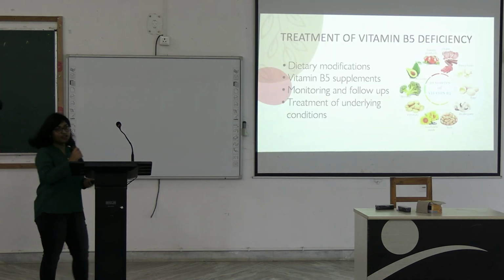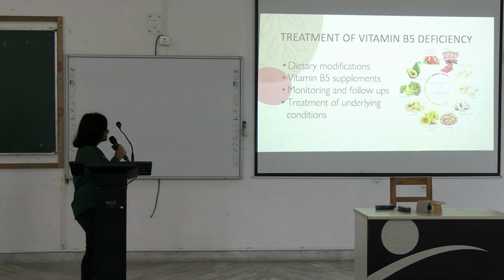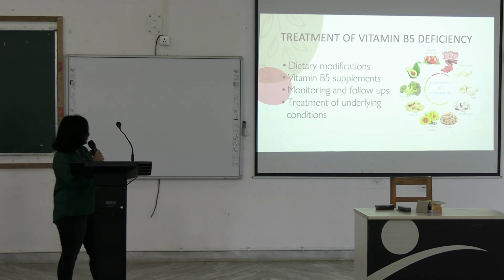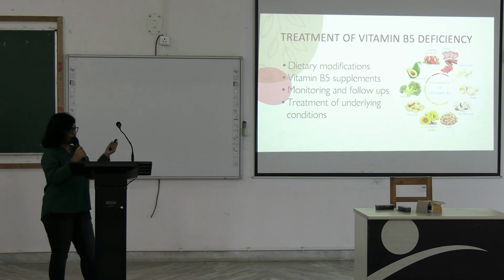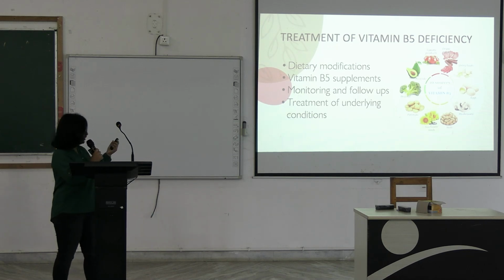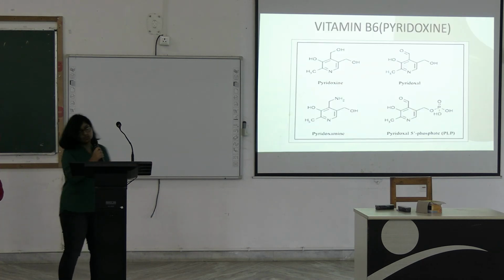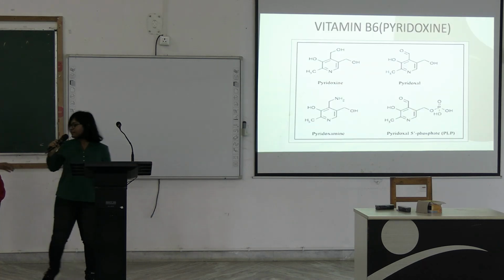Treatment of vitamin B5 deficiency. Vitamin B5 deficiency can be treated by taking dietary supplements, by treating the underlying conditions, by doing the dietary modification. Now, I would like to hand over the mic to my batchmate, Preeti Ghosh.